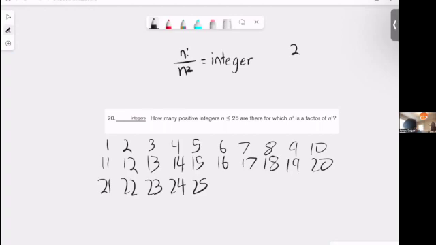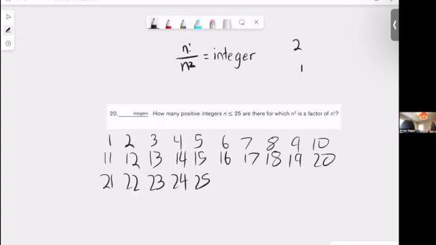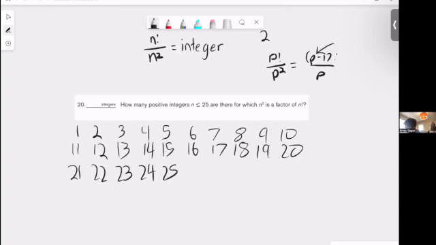Now the trick here is that when we do p factorial over p squared for some prime number, we get p minus 1 factorial over p. And since p is only divisible by 1 and itself, that means that in any of these numbers over here, there won't be the prime number p. So this cannot be an integer.